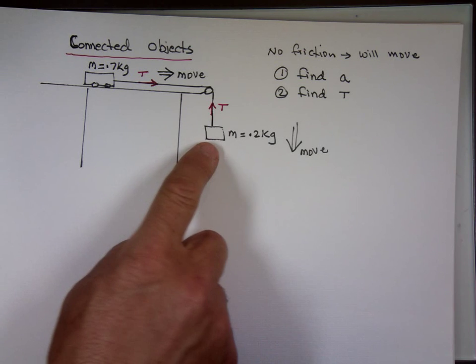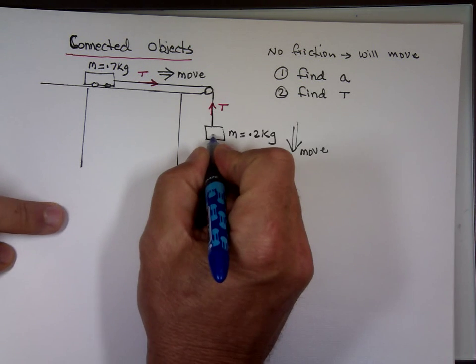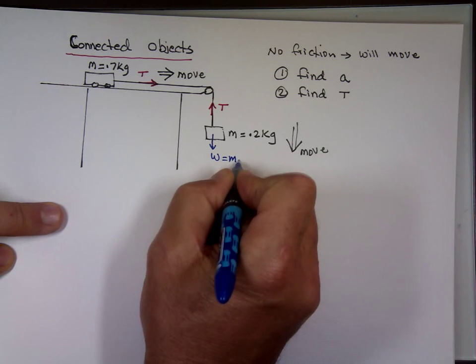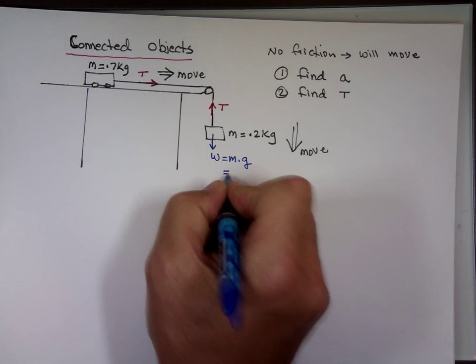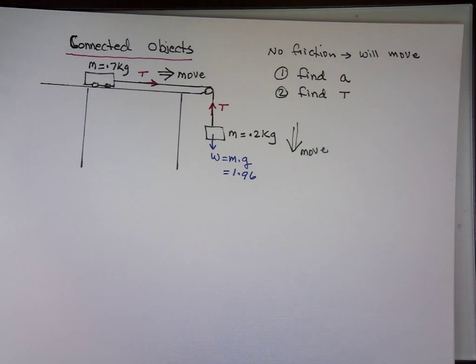Now you're looking at that one. We have the weight down. So it's 1.96. 0.2 times 9.8, 1.96.